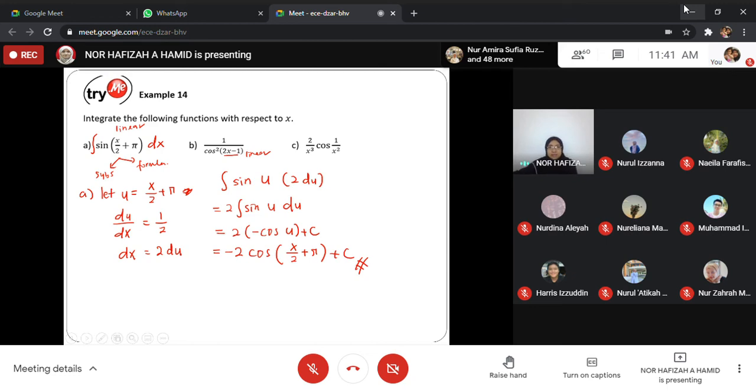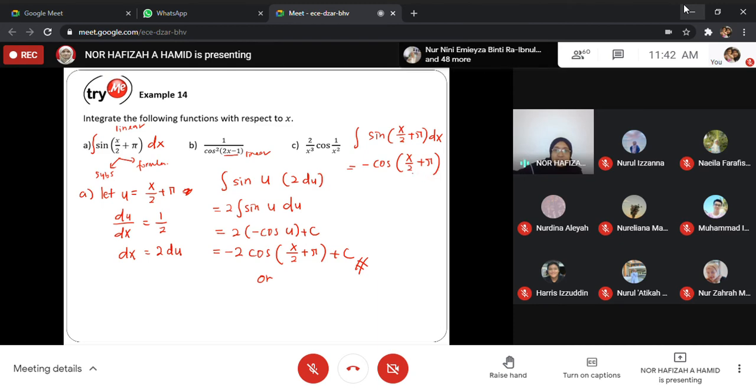Okay, so ni kalau saya solve using substitution method or you nak solve using formula pun boleh. So kalau saya nak solve using formula, you need to integrate sine x over 2 plus pi dx. So kalau use formula, you akan dapat negative cos x over 2 plus pi.